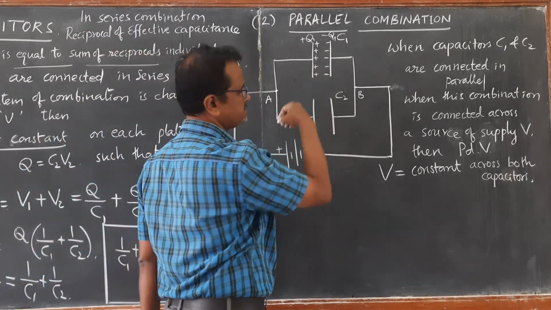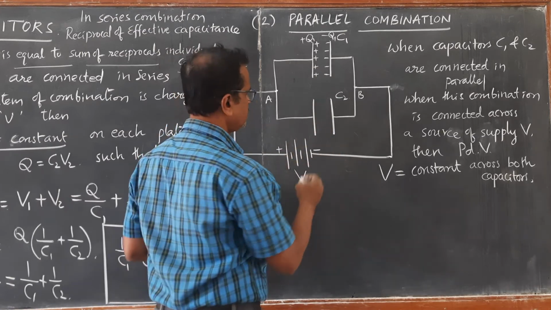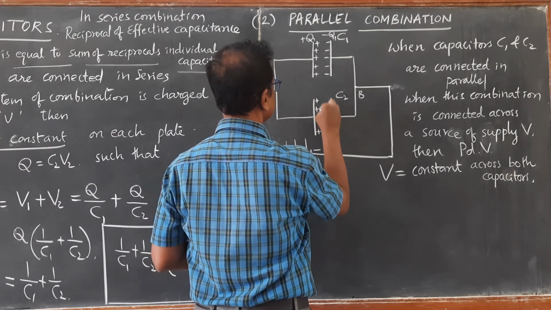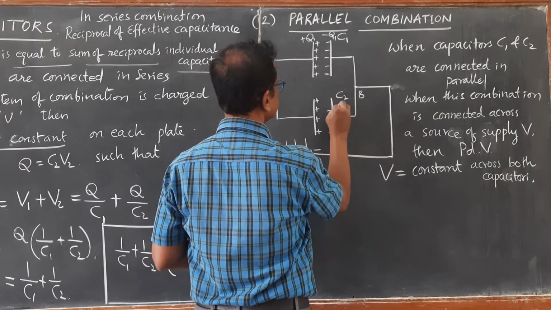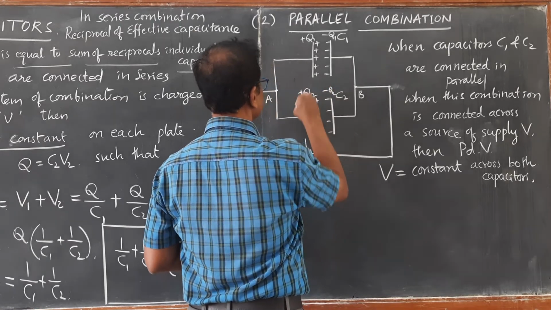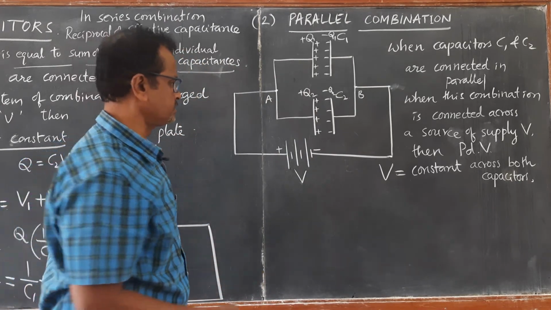The total charge is now divided into Q1 and Q2. So, the total charge is divided into Q equal to Q1 plus Q2.